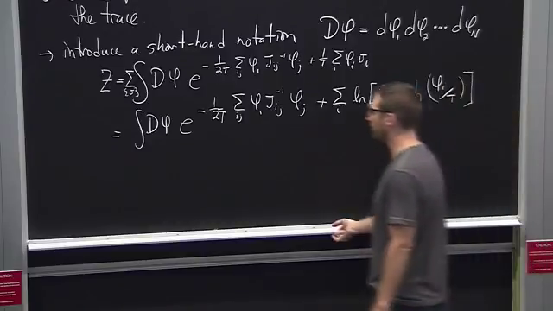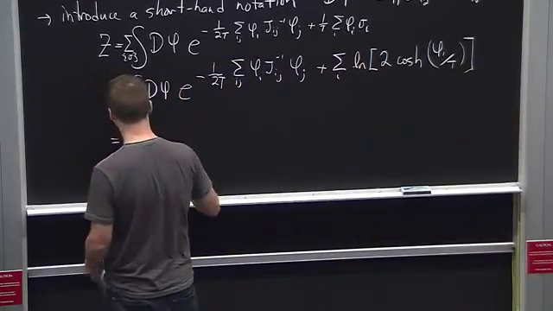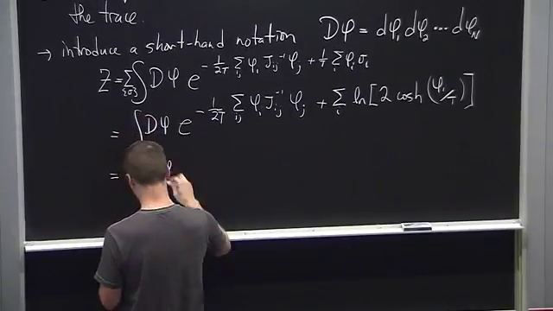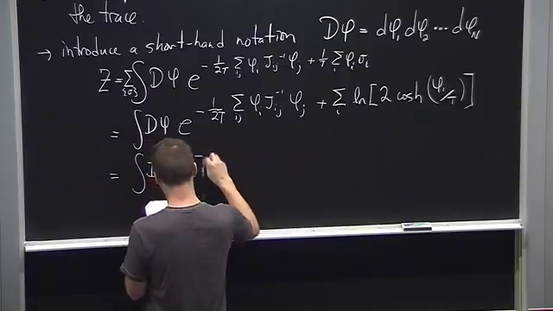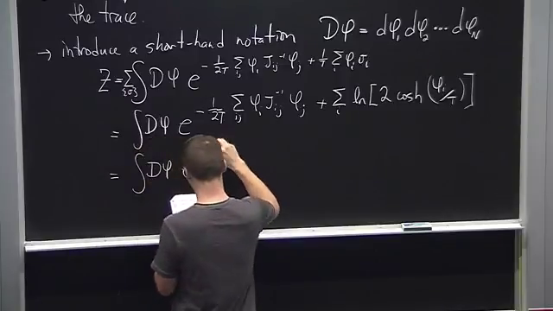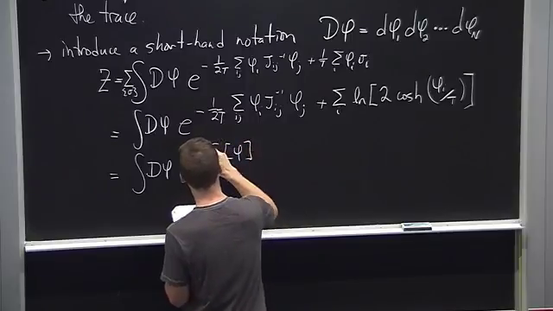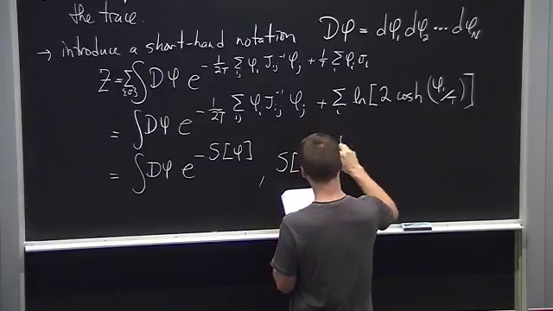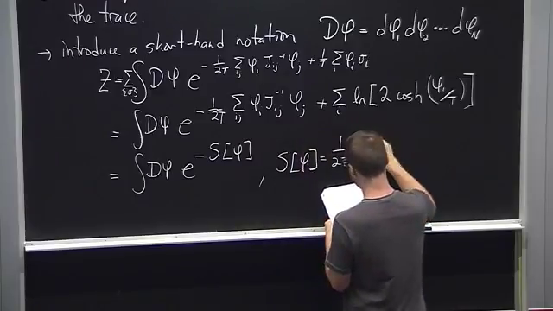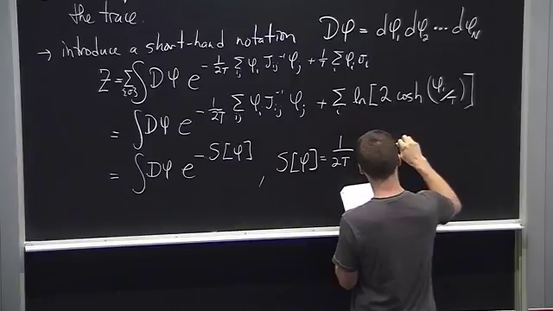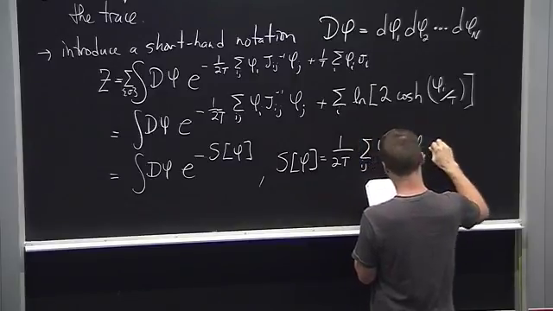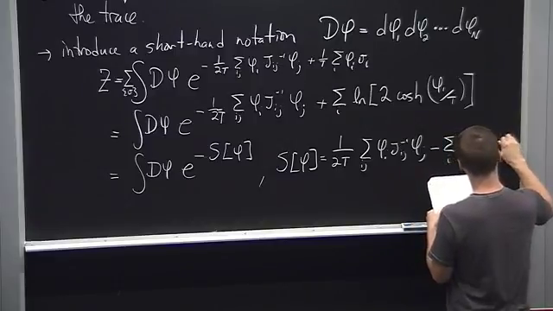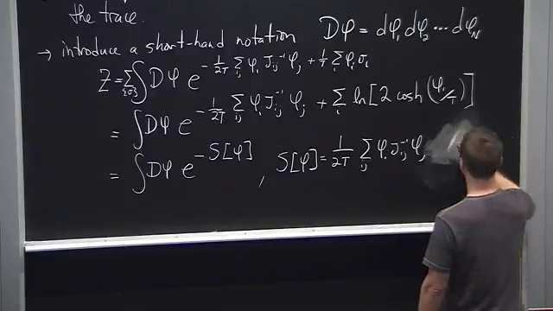So I can also write this as just the functional integral over e to the minus S, and call S an action, just a functional.